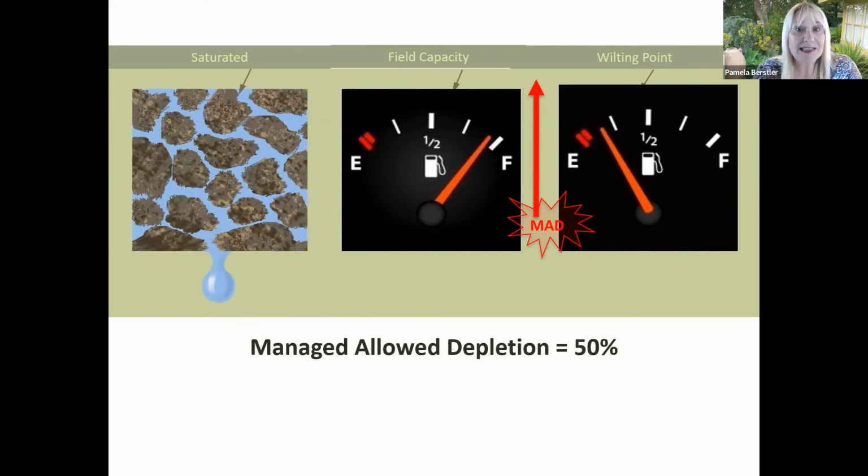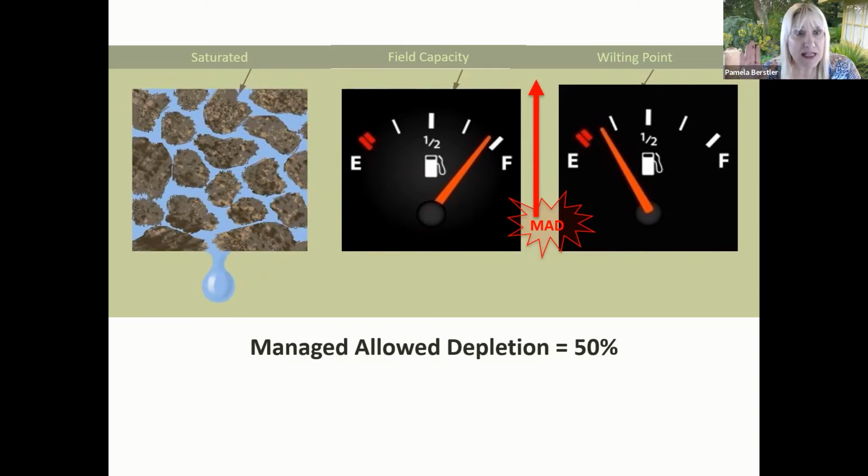The industry standard for what's called managed allowed depletion percentage, so MAD, managed allowed depletion, is 50%. Basically saying, okay, the plant is evapotranspiring every day.